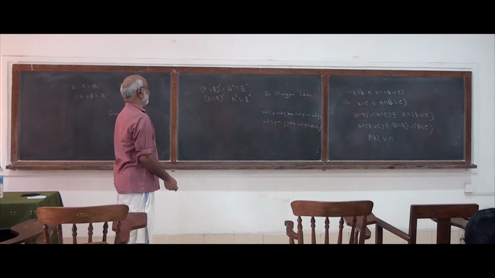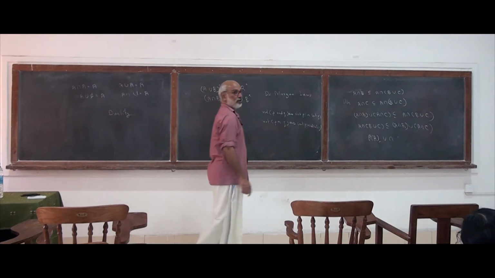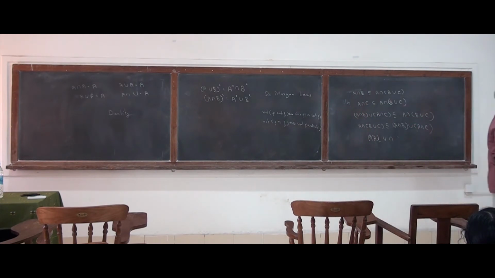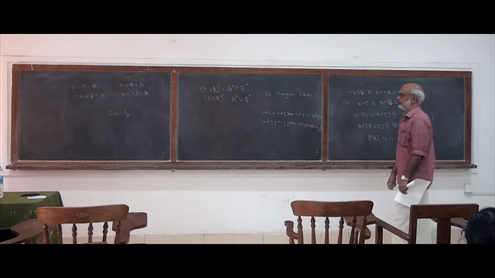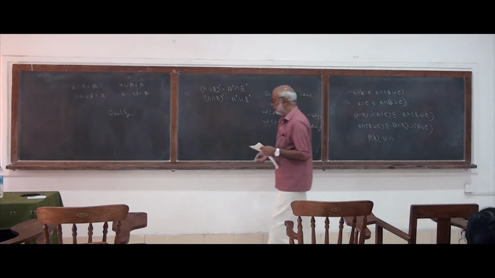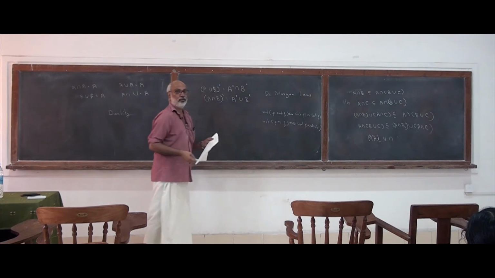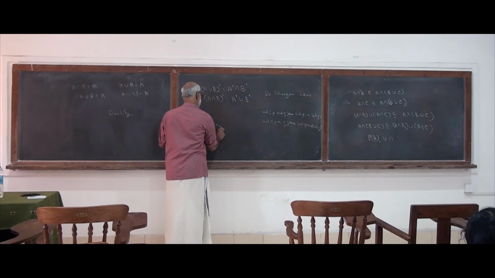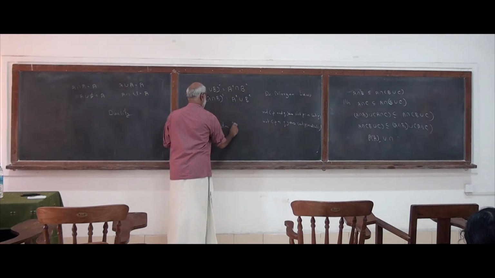That means X is in A complement intersection B complement. And then you can retrace the steps. So the proof is not difficult. Actually, these laws are named after Augustus De Morgan.